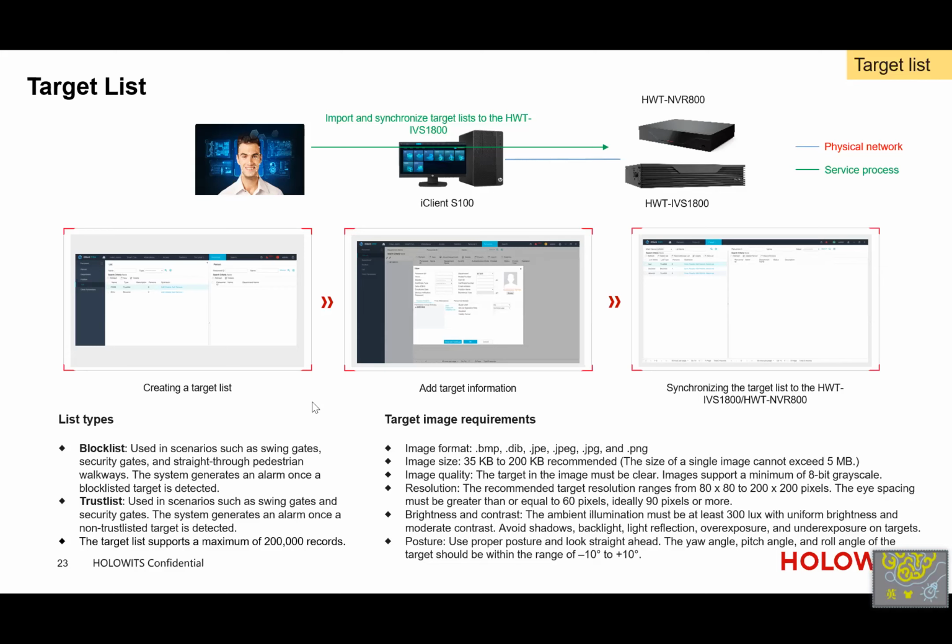When the cameras detect a person, it compares them with the target list and generates alarms, such as the allow list, block list, and stranger. This can help you build a security system on the campus, and it can be done easily with the S100.